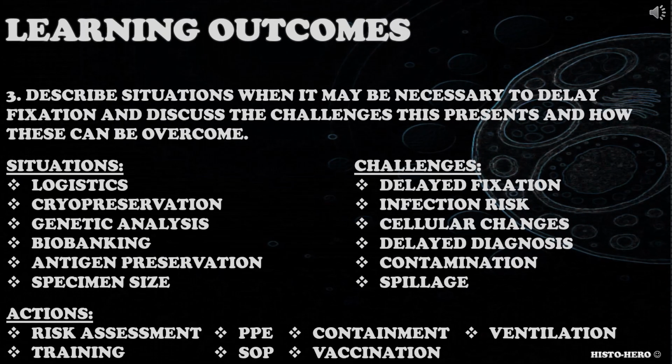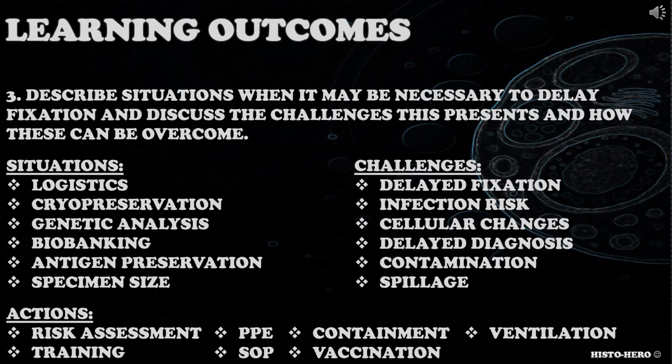The third learning outcome is for the candidate to describe situations when it may be necessary to delay fixation and discuss the challenges this presents and how these can be overcome. Why would we delay tissue fixation? What circumstance would require delayed fixation? Consider logistics, frozen section, genetic analysis, pathogen preservation, biobanking, specimen type or size, for example huge cysts.